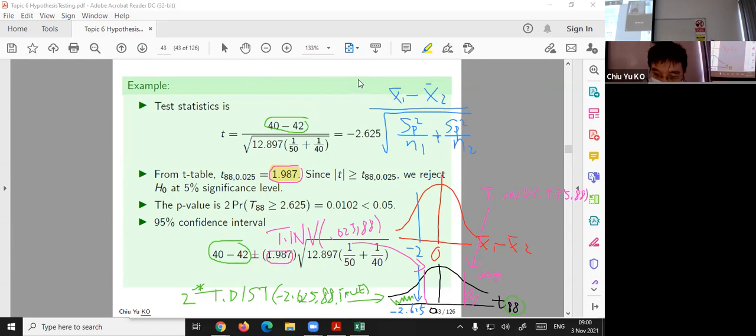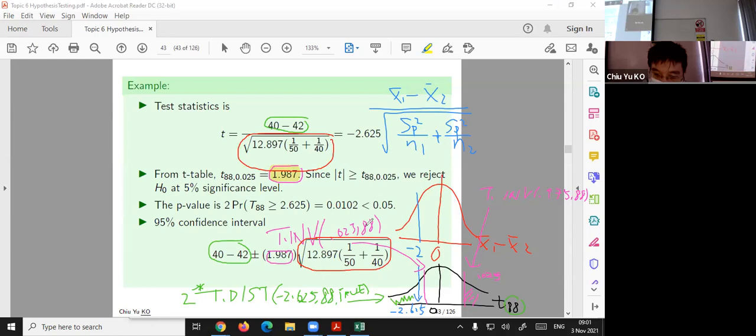And let's use the red color. The denominator here will be the third term. So basically, when you did the test statistic, you already did the confidence interval. Is that okay?